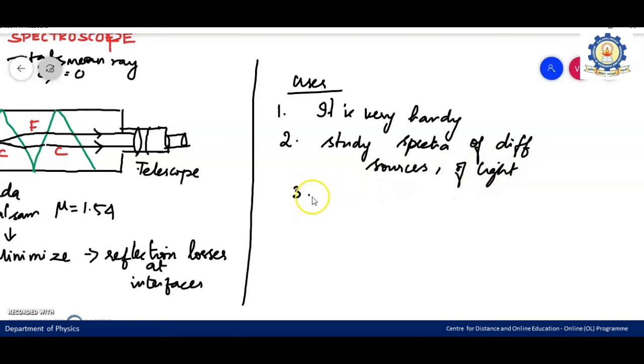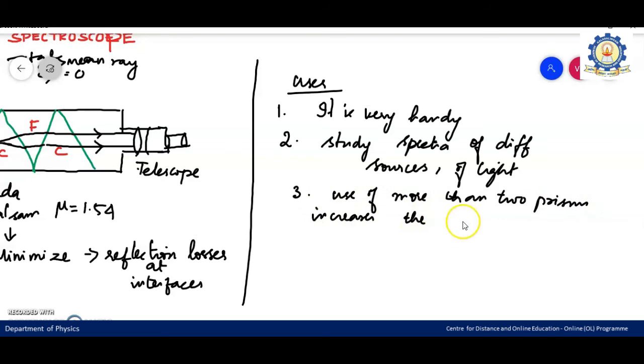The next is, if you use more than two prisms, it increases the resolving power of the instrument. So these are the uses of the direct vision spectroscope.